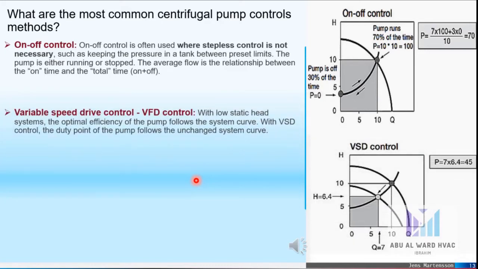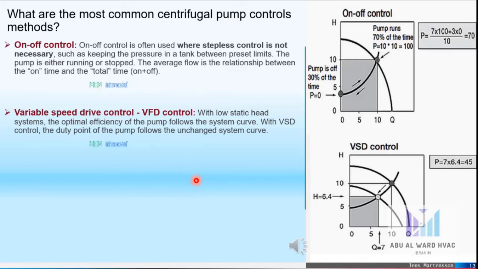Variable speed drive control, VFD control. With low static head systems, the optimal efficiency of the pump follows the system curve. With VSD control, the duty point of the pump follows the unchanged system curve.